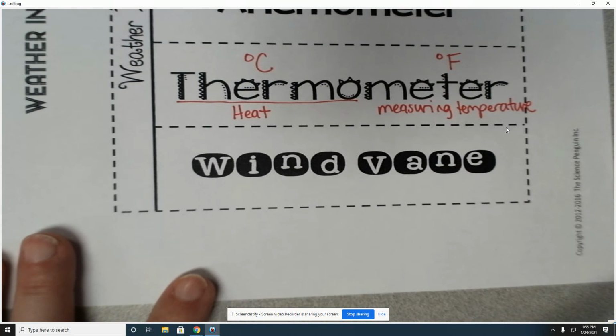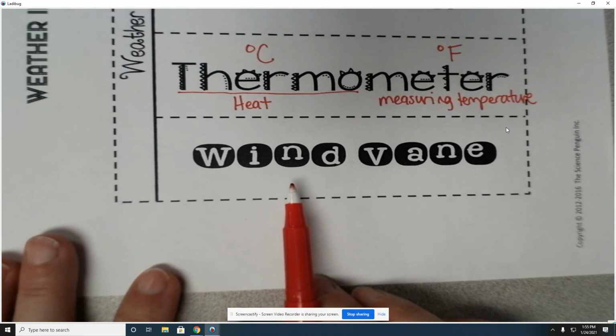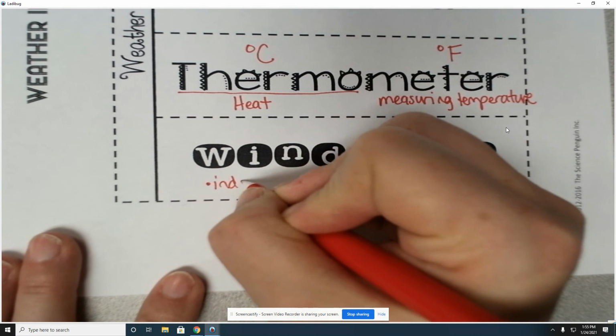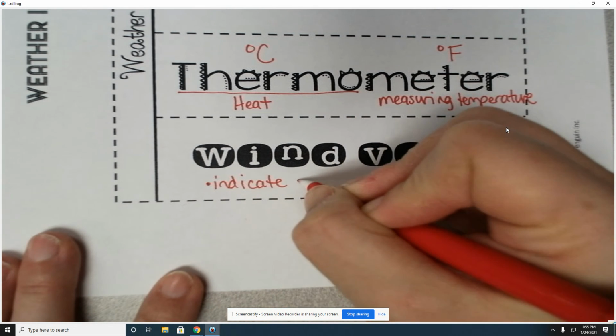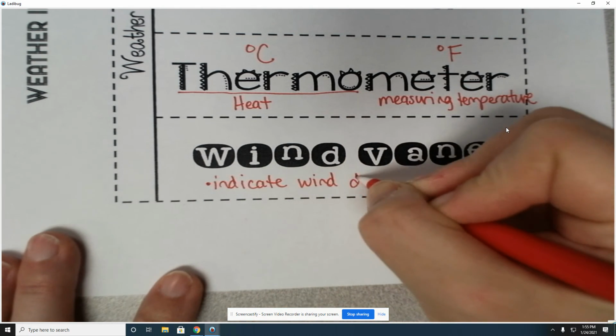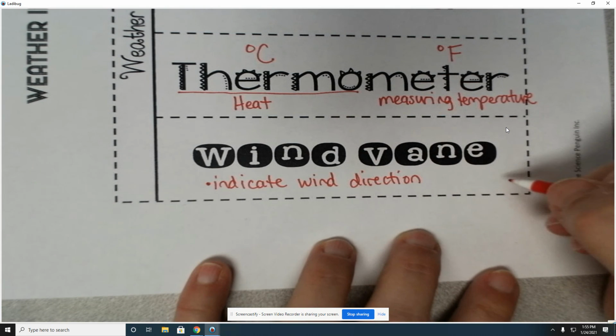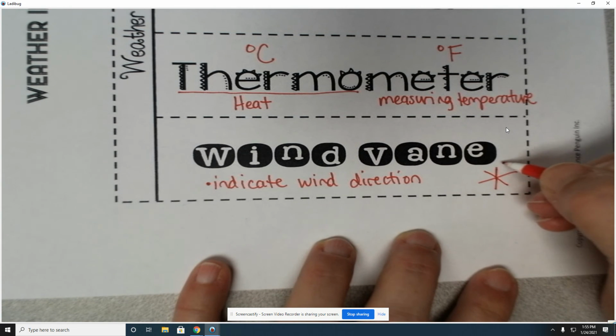And then a wind vane. So we know it has something to do with the wind. This is going to indicate wind direction. And you'll remember, if you've ever read a little story where you had a barn, and on top of that barn was something that kind of looked like this, and maybe it had a rooster or something at the top.